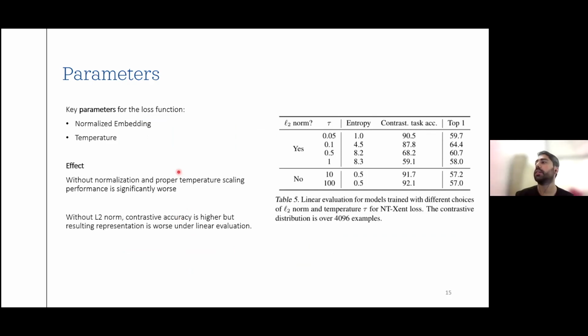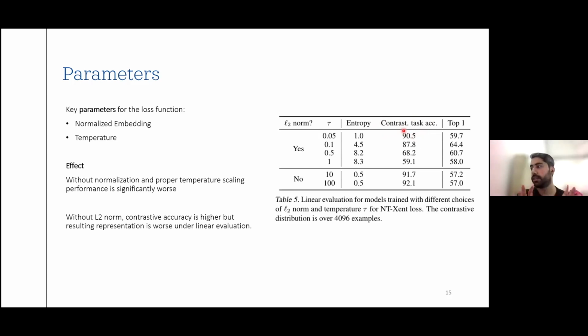Okay, so the parameters. While experimenting, they found that there were two key parameters for the loss function. The first is the normalized embedding, and the other is temperature. If no normalized embedding is used, changing the temperature has no marginal effect on the contrastive task accuracy and the top one accuracy. What does contrastive task accuracy mean? It is the accuracy at the latent space level.